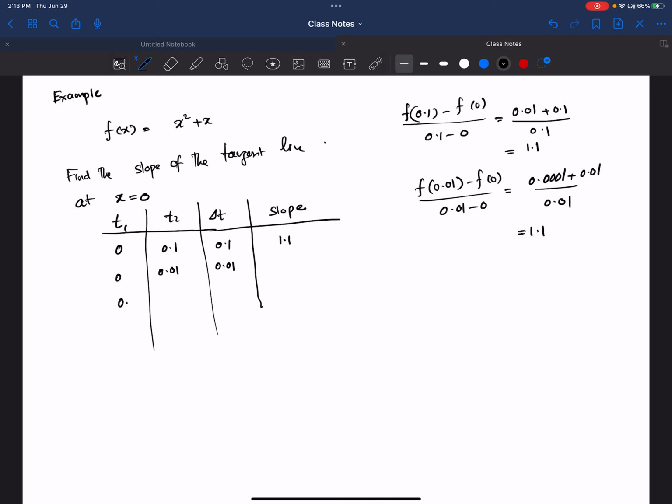And then this is going to be 0.001, then delta is 0.001, right?